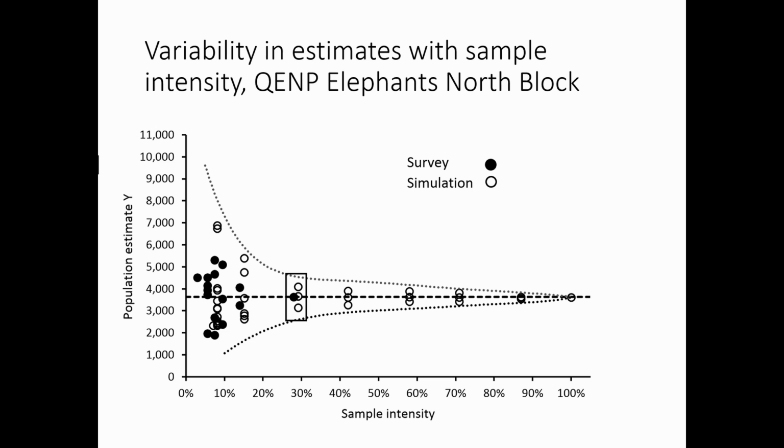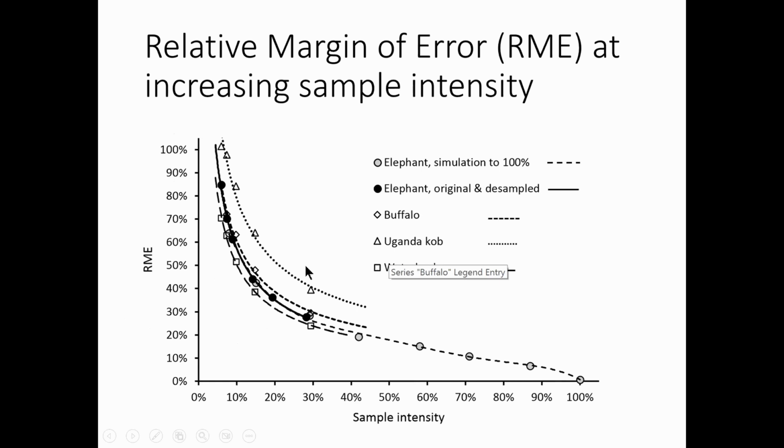And yet so many of the surveys done in Africa are hovering around here, where you just decide to pick whichever set of transects you're going to sample out of your total number of possible transects, and you might get this kind of scatter. The relative margin of error, which is basically the 95% confidence interval divided by your mean, everyone is very, very happy if we can get that down to about 20%.